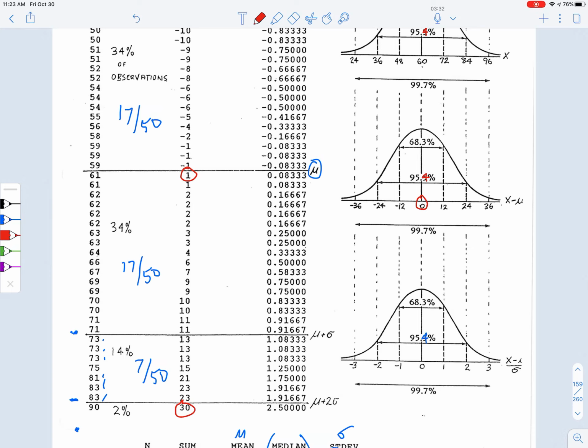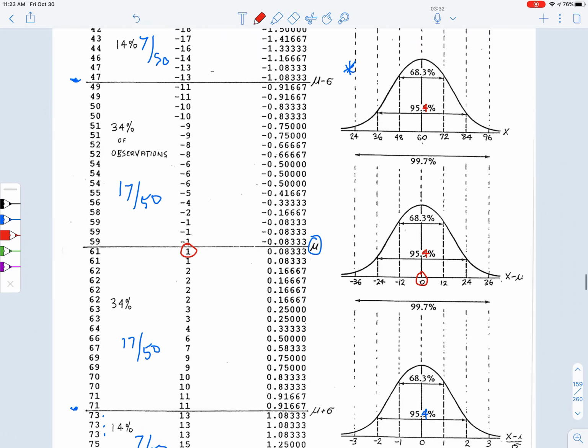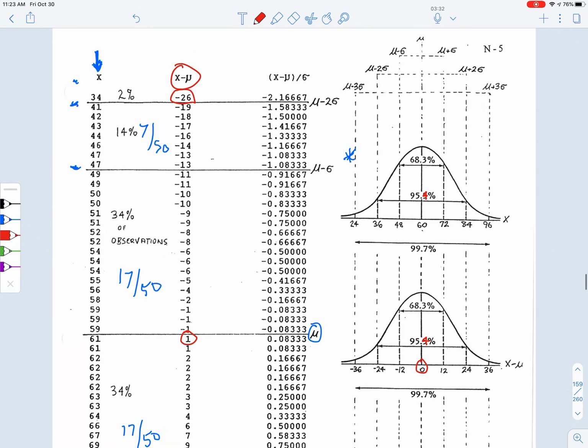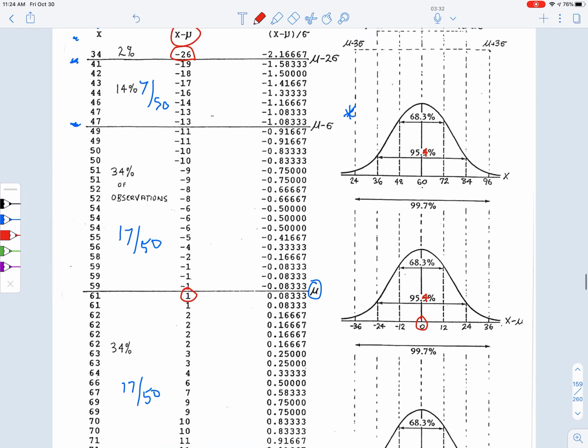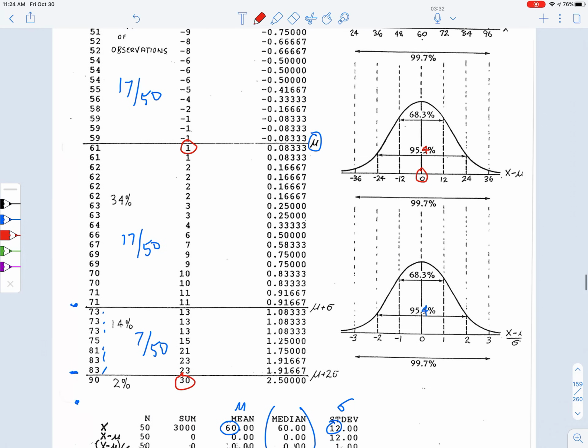The thing to note here, though, is that if you were to stick all these numbers into a calculator or use Excel, this middle column here, you would end up with still a standard deviation equal to 12. And so we would have a mean of 0, but we still have standard deviations of 12. So 0, 12, 24, 36, and going down the other way. The same proportions as before.